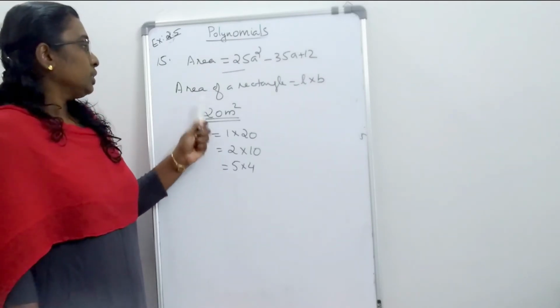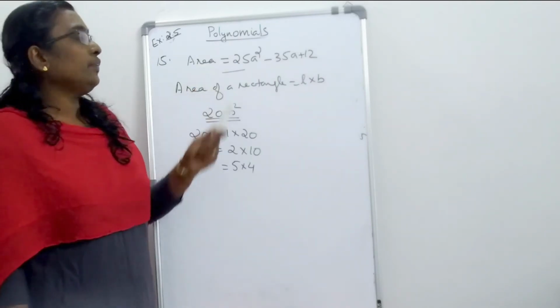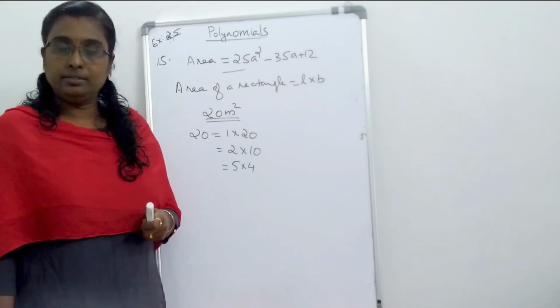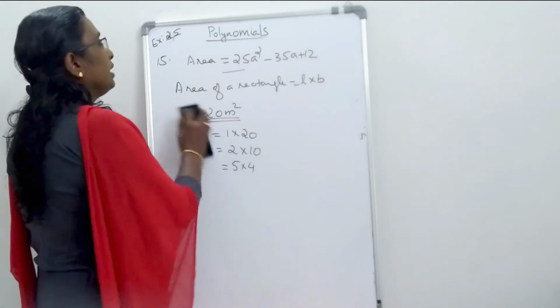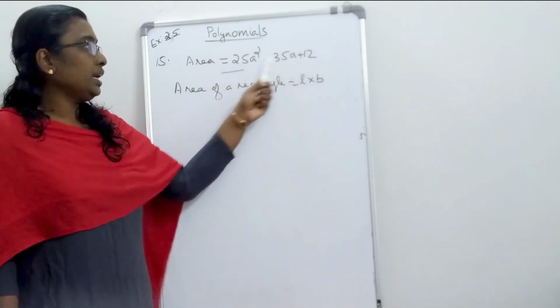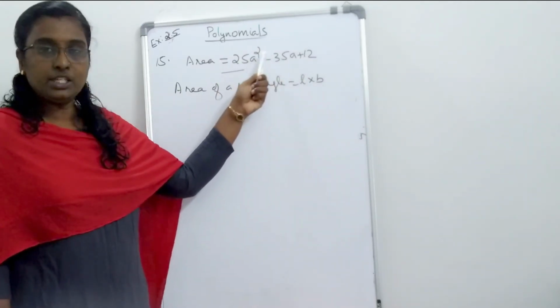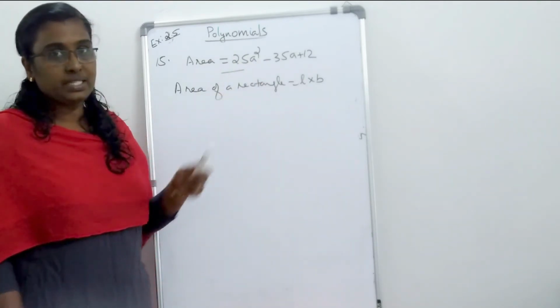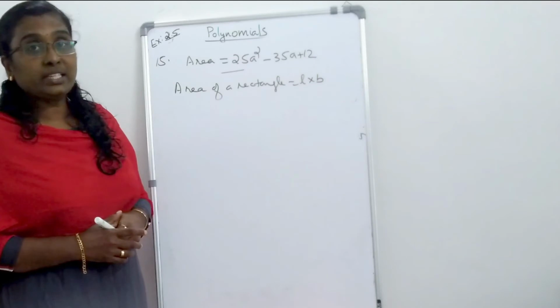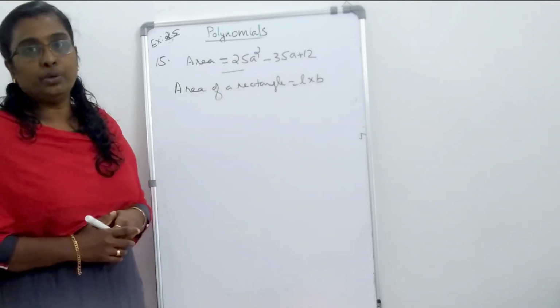Similarly, here it is given the area of a rectangle. We have to find the length and breadth. How can we find the length and breadth? The area is given as an expression in this form. So we have to factorize this expression. We studied factorization of a quadratic polynomial.